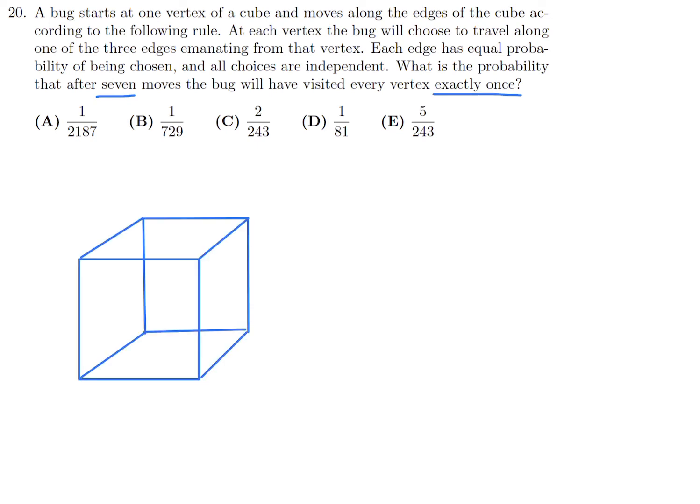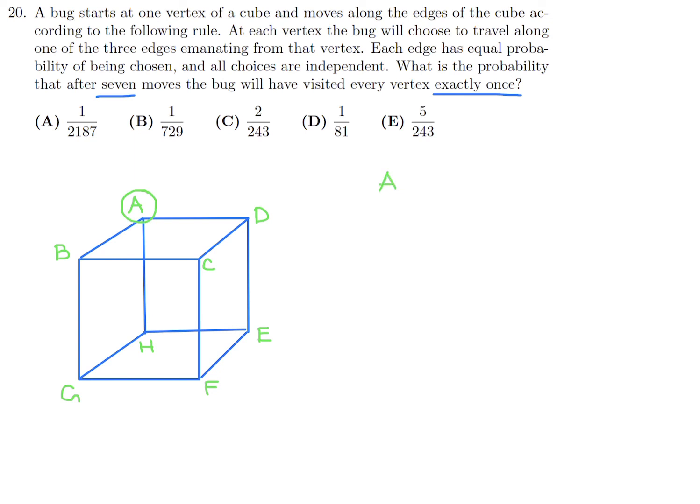So let's draw a little diagram for ourselves. Let's label these vertices A, B, C, D, and I'll call them E, F, G, H, like that. And then let's now discuss this question. Let's make A our starting point.